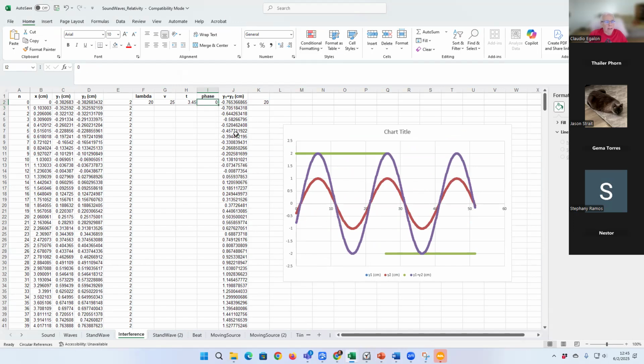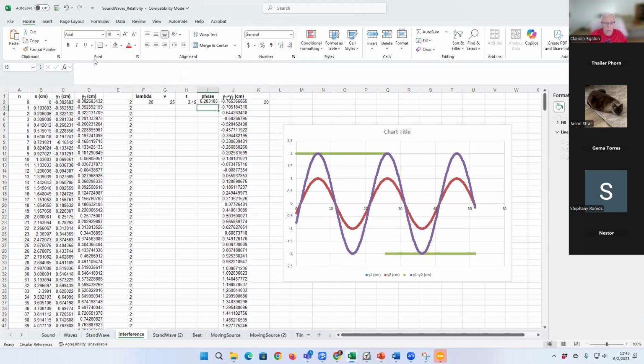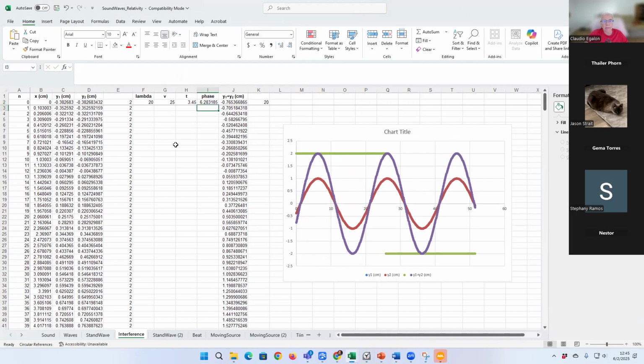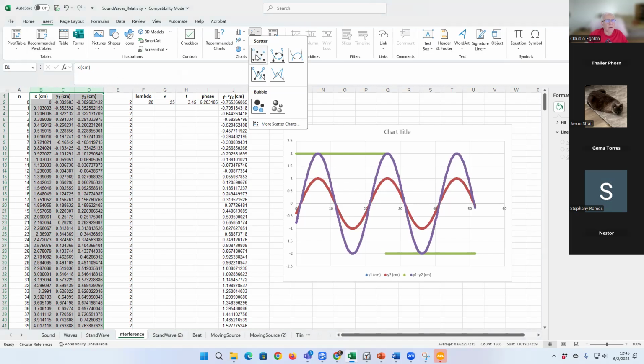If I put a 2 pi difference here, we're going to see that those two waves are again in phase. So I'm going to plot them separately so you can see.